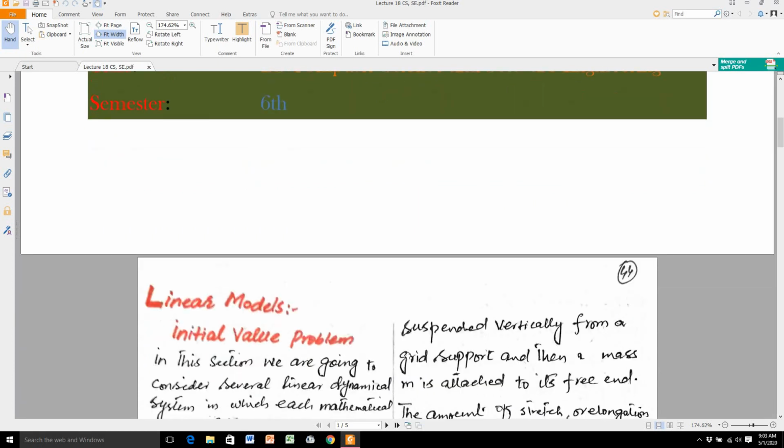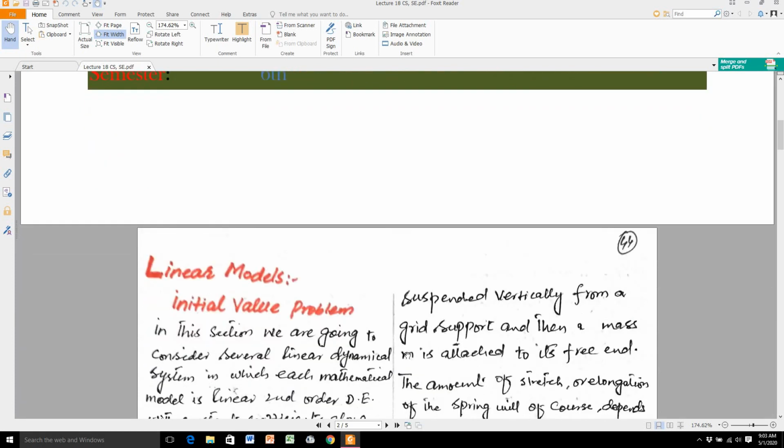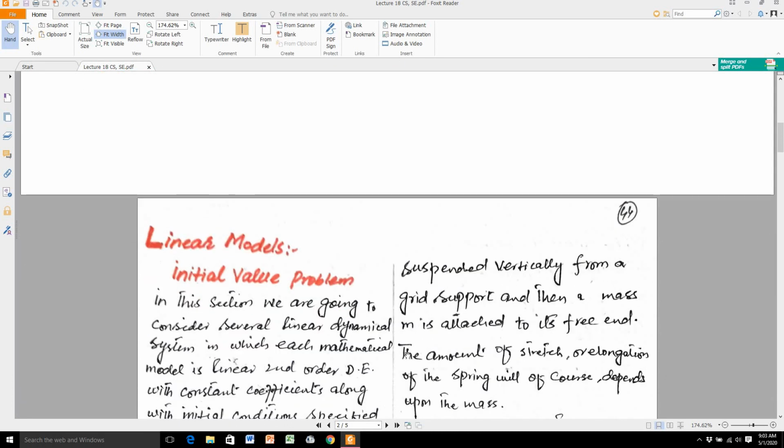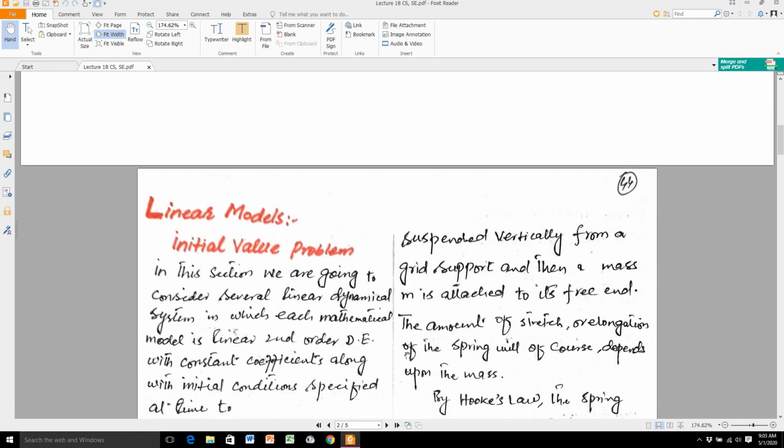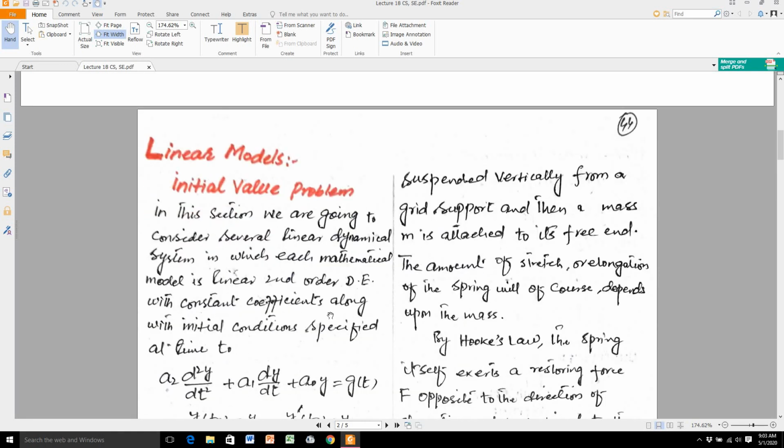Now we start our lecture on linear models, and these linear models are basically initial value problems. In this section we are going to consider several linear dynamical systems in which each mathematical model is a linear second order differential equation with constant coefficients.